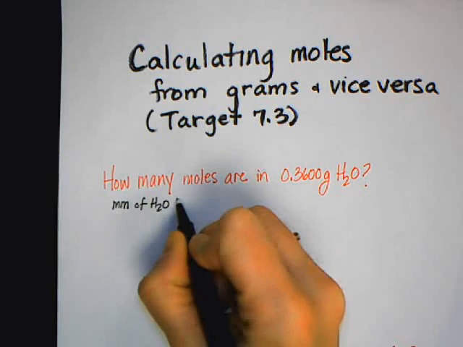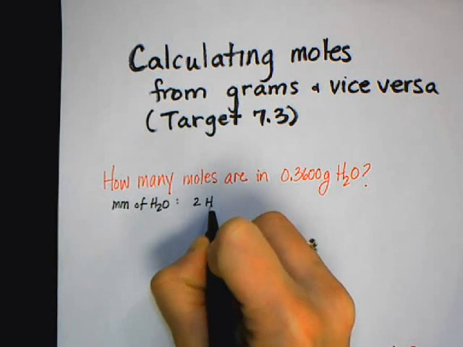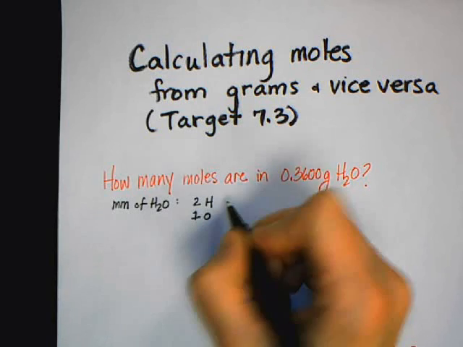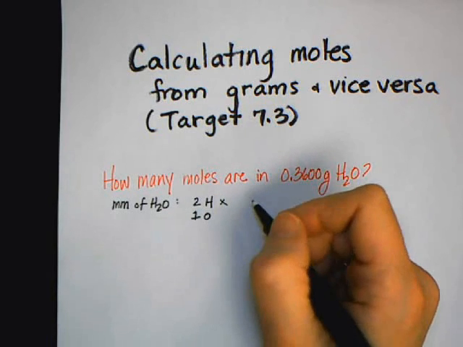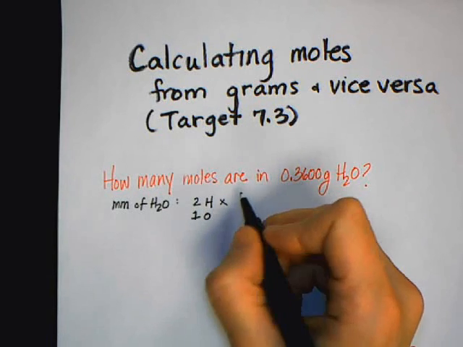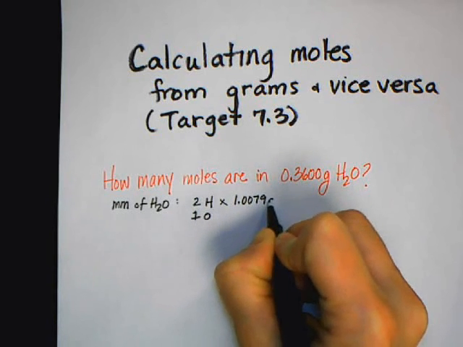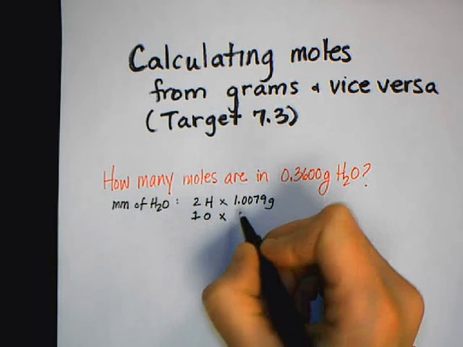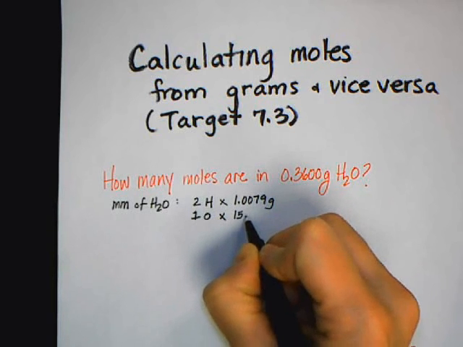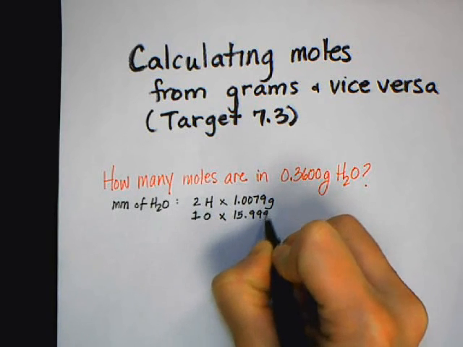And we know that water has 2 hydrogens and 1 oxygen. And if you look on the periodic table, 1 mole of hydrogen is 1.0079 grams, and for oxygen, one of them is 15.999 grams.